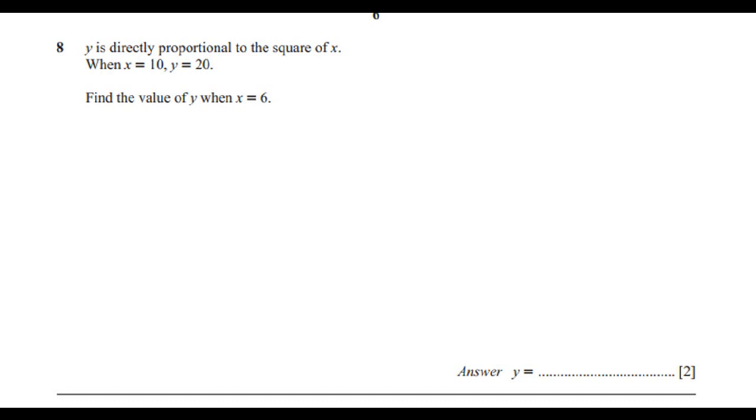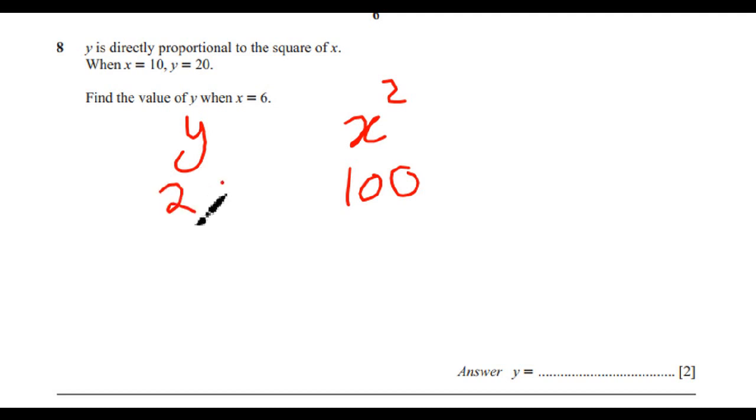Question number 8. y is directly proportional to the square of x. When x is 10, which means 10 squared is 100, y is 20. Find the value of y when x is 6. So this is 36. Directly proportional question, so cross multiply. If this were an inversely proportional question, we would have multiplied front.